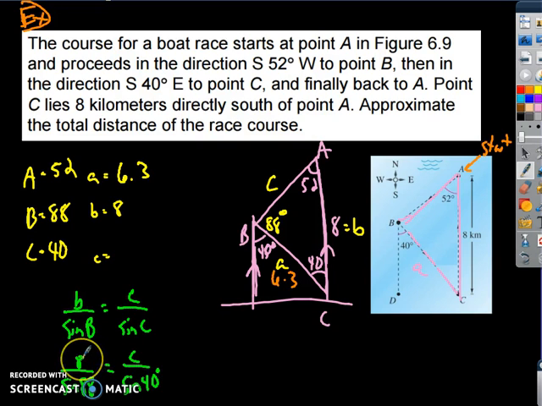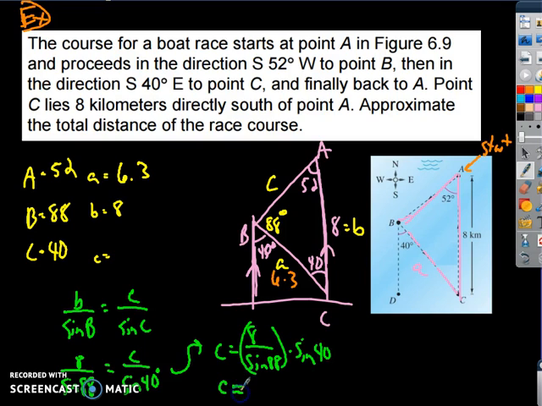And you're going to multiply by sine 40 over there. So c equals 8 over sine 88 times sine of 40. So c is about 5.1. So this part right here is about 5.1. So we solved the triangle.